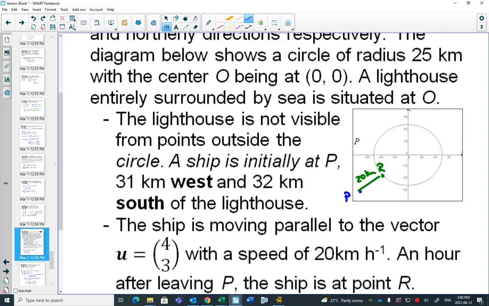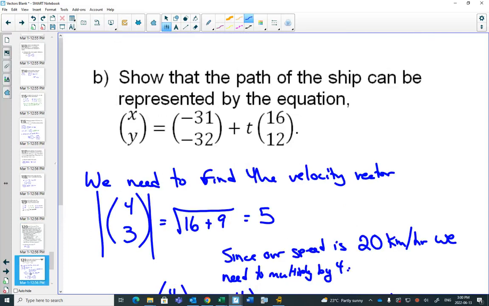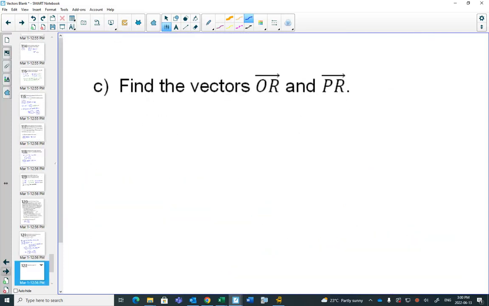If we want to find OR and PR, we need to find out where R is.